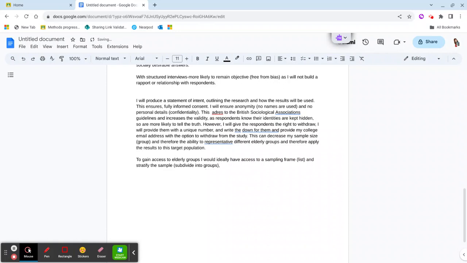However, elderly people can be vulnerable, and organisations will not allow access to personal details. So ideally, that's what I would do, but no one's going to allow that to happen.